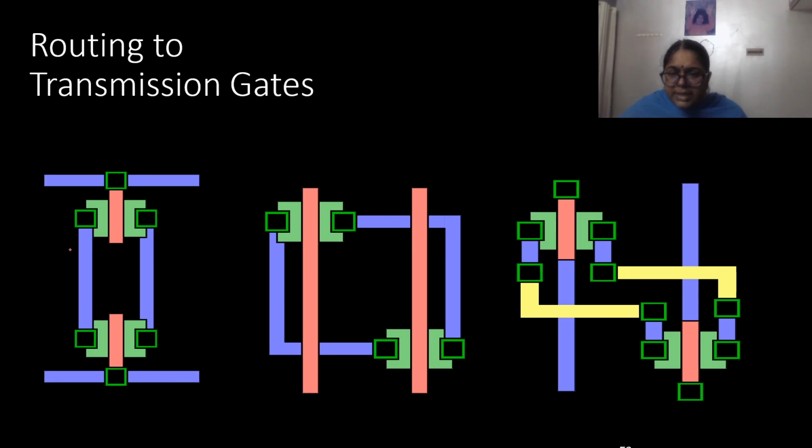Further you can see here how the transistors can be placed in the transmission gate. Here the two transistors are placed one above the other and connections are made using the metal. Here you can see they are placed little apart, and here as I told you metal 1, metal 2 and metal 1 is being used to make the contacts.